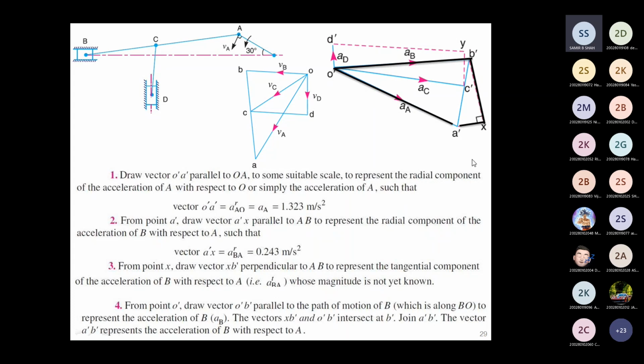And mention here that A dash X is the radial part of AB and XB dash is the tangential part of AB.